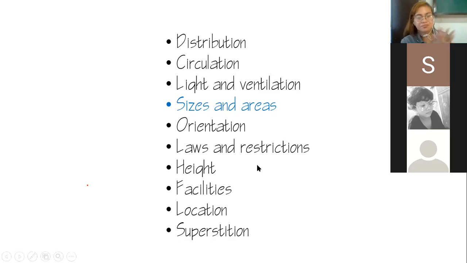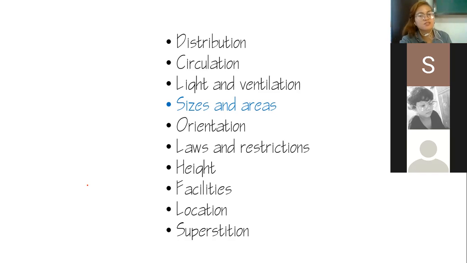So another is the laws and restrictions. Laws, like the National Building Code and the Fire Code. Are you familiar with the Fire Code? The Fire Code, and BP 344, the accessibility law, which means the restrictions we must follow for PWDs. In each building or structure, it must be accessible to PWDs.